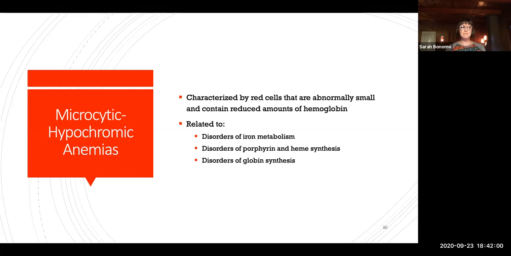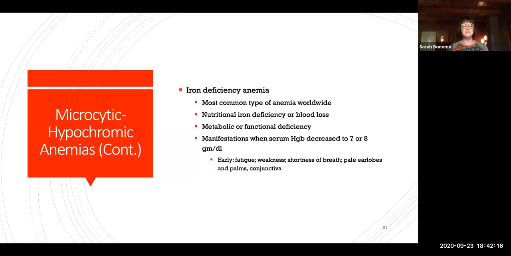The other thing to keep in mind is that hypochromia can happen in cells that are normal size, so normocytic cells as well. So not always is it going to be microcytic cells. Okay, the most common type of microcytic hypochromic anemia that we're going to focus on for this class is iron deficiency anemia.